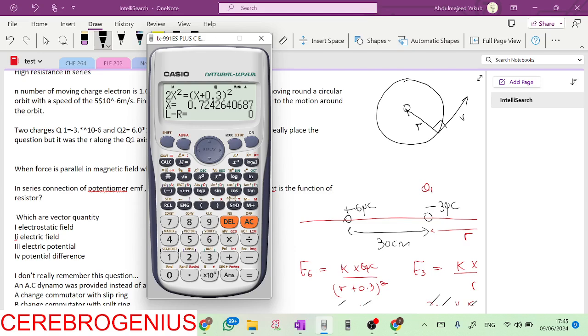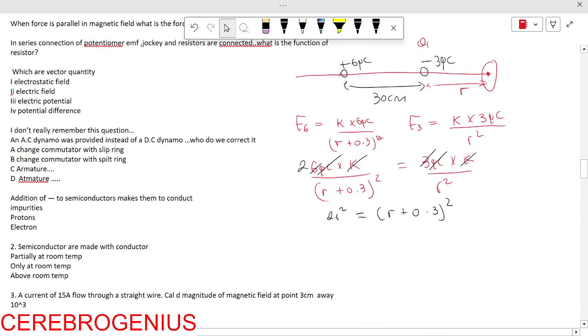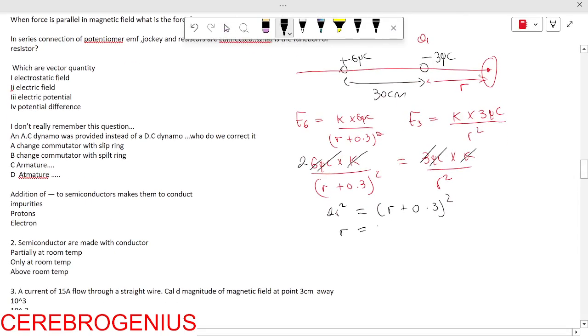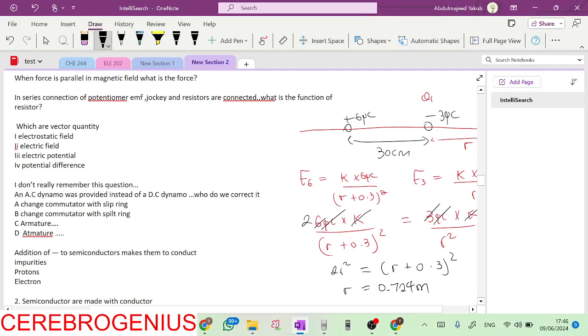So we have 0.724. So the value of R is 0.724 meters, not in centimeters, because if you notice, when I wanted to solve, I converted 30 centimeter to meter. So my R should also be in meter. So 0.724 meters. That's what we have for that.